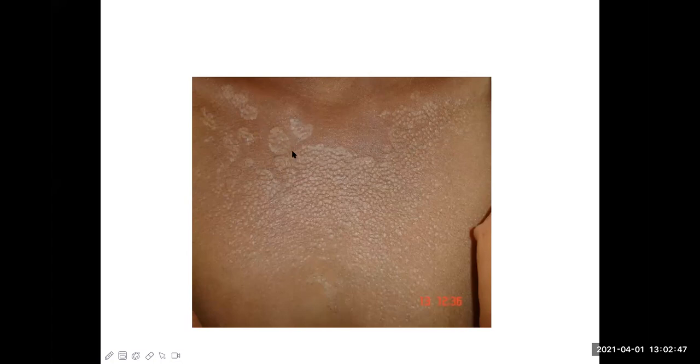And it simply looks like this. So see that it looks like a patch, mainly hypopigmented in color, but in the beginning it may look a little bit red as well.